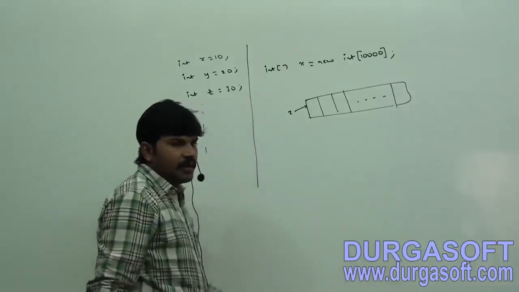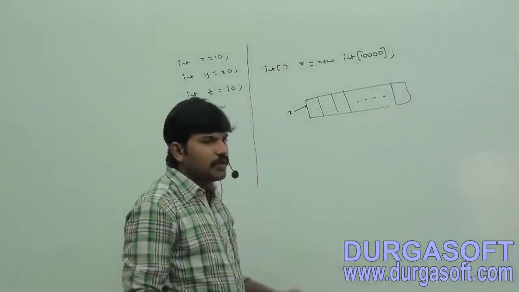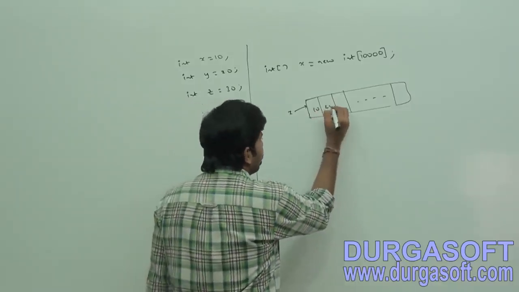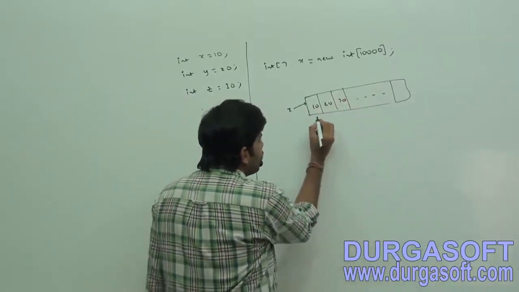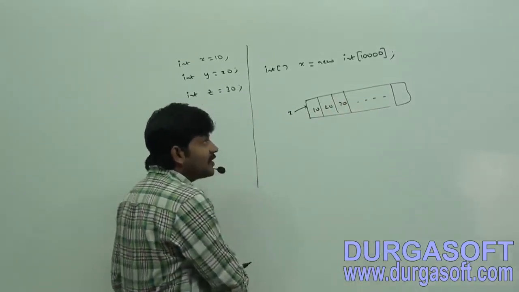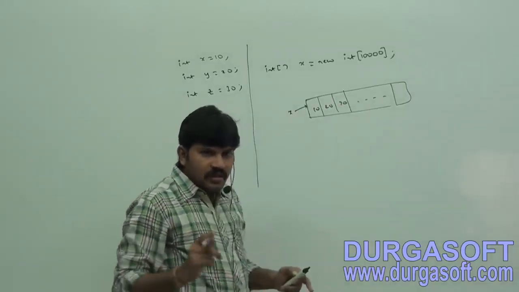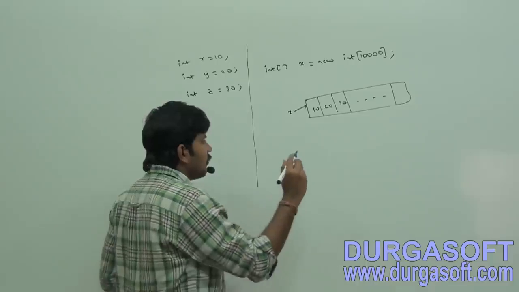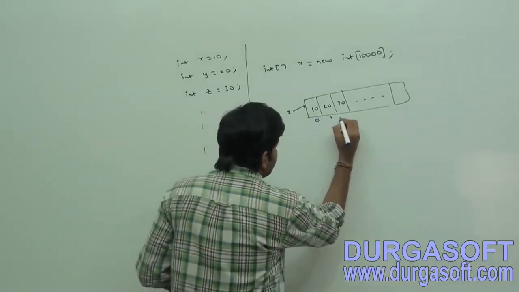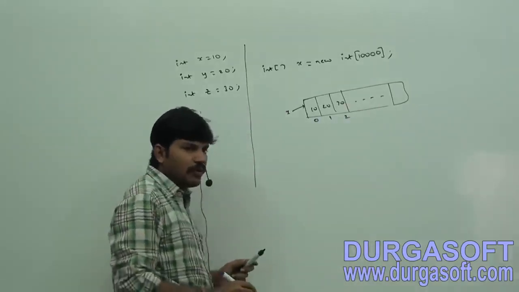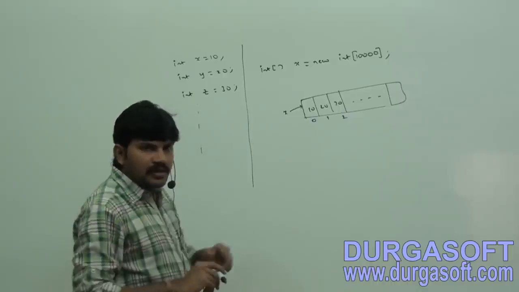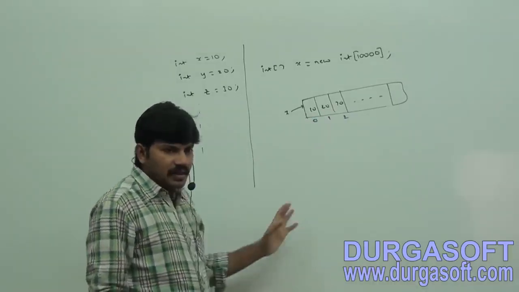Only one variable, 10,000 values. Then how can you differentiate these values? By using the index: x[0] is 10, x[1] is 20, x[2] is 30.